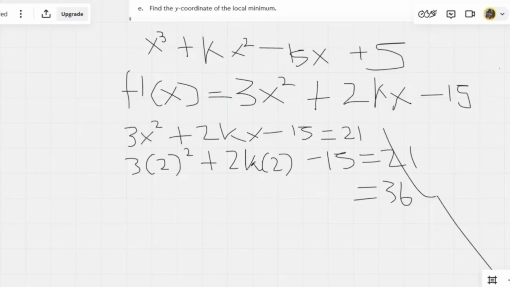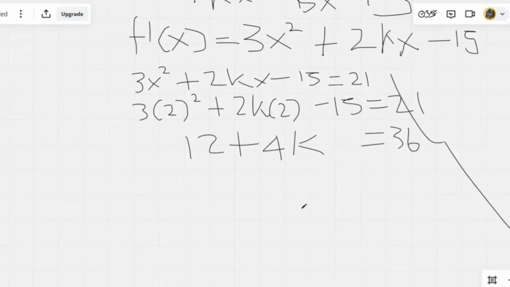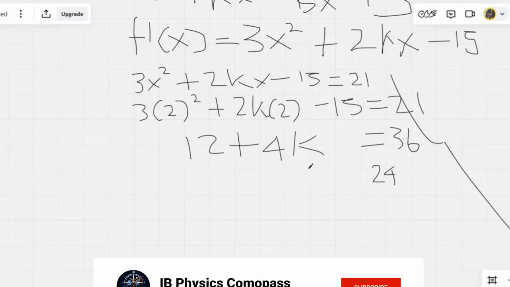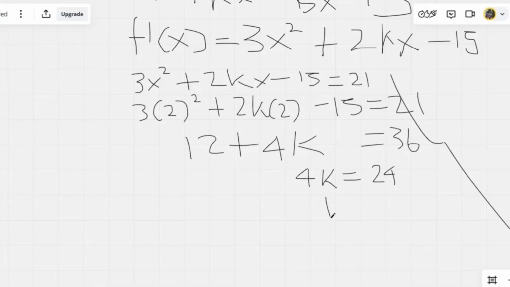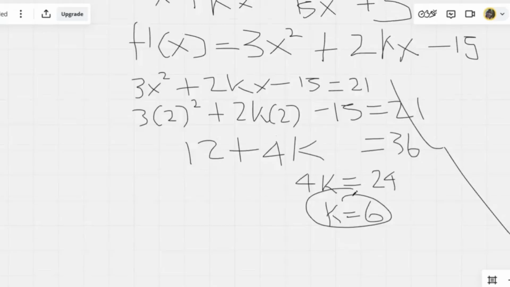Equals 36. And then 2 multiplied by k multiplied by 2 gives us 4k. And then 2 to the power of 2 is 4, multiplied by 3 is 12. 36, and then 36 subtracted by 12 gives us 24. And 4k equals 24. Therefore k is 6.